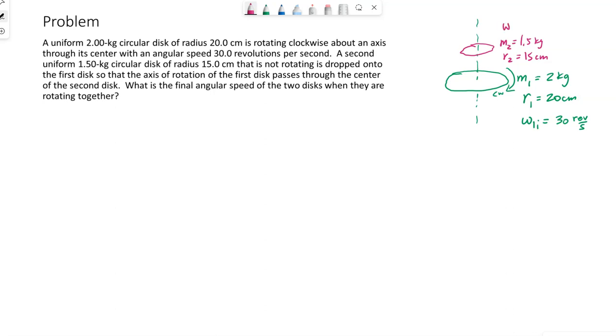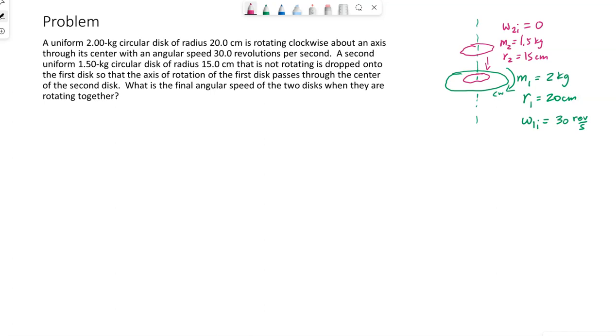It is not rotating initially, but it is dropped onto the first disk so that the axis of rotation of the first disk passes through the center of the second disk. We want the final angular speed of the two disks when they are rotating together.